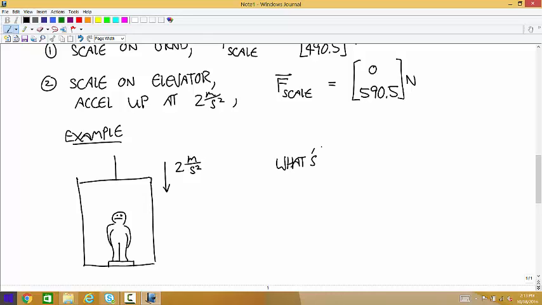Yes, so if velocity and acceleration are in the same direction, it's speeding up. If they're in opposite directions, it's slowing down. So the fact that the acceleration is down doesn't mean that it's moving down. It means if it is moving down, it's speeding up, and if it is moving up, it's slowing down.